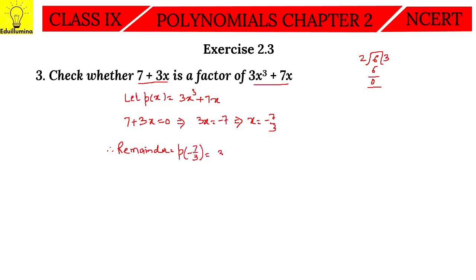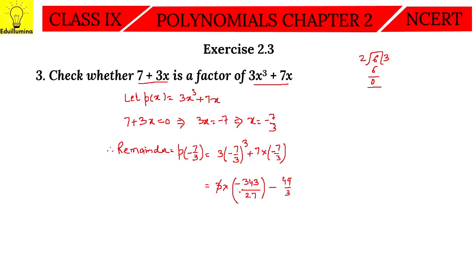So by putting x equal to minus 7 upon 3 in the given polynomial, so 3 into minus 7 upon 3 cube plus 7 into minus 7 upon 3. So 3 into minus 7 cube is minus 343 upon 27 minus 7 into minus 7 is minus 49 upon 3.